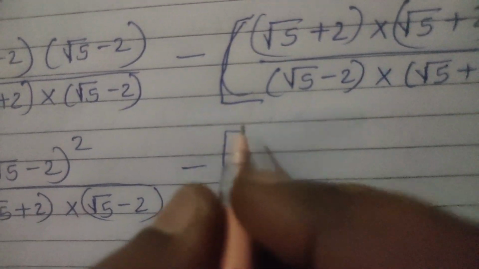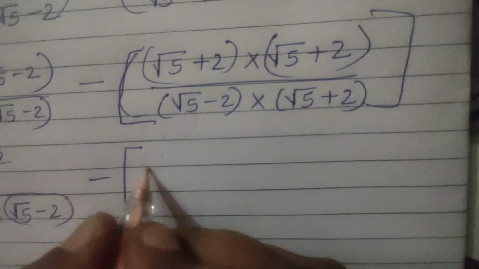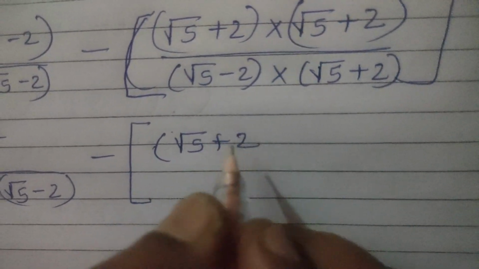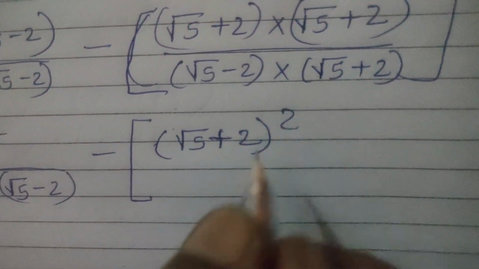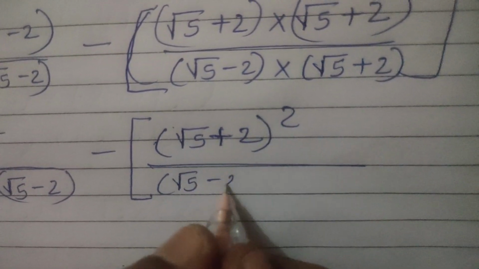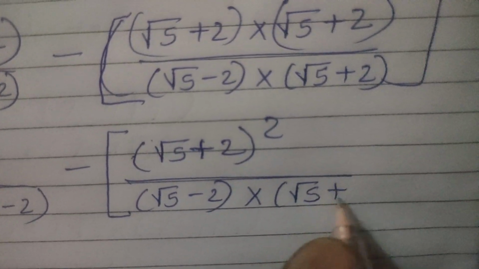Here square bracket. Again terms are same, and there is a plus sign, so I will write here root 5 plus 2 whole square, the first identity, and here root 5 minus 2 into root 5 plus 2.